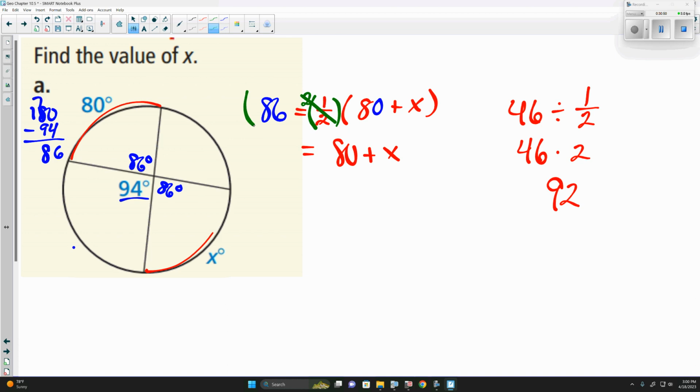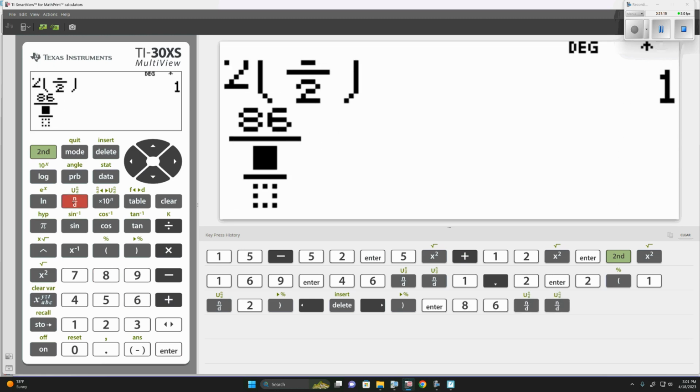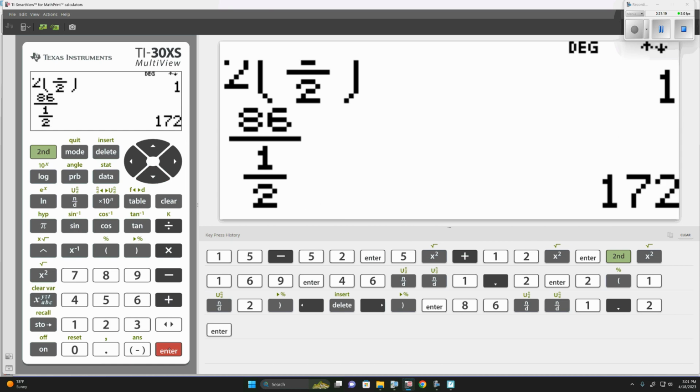but what I do to one side, I have to do to the other, so I'm going to do 2 times 86. 2 times 6 is going to be 12. Carry the 1. 172. We're good with this here. Now we could have divided by 1/2. So we could say 86 over 1/2 is 172.